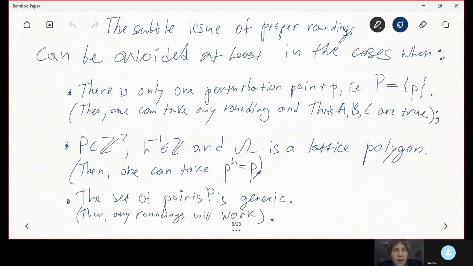And finally, in the geometric setup, when your points are genuinely random, if they are generic, then you also don't need roundings. Any roundings would be proper in a sense. Well, it's not exactly true what I told you, but any roundings would give you the scaling limit.